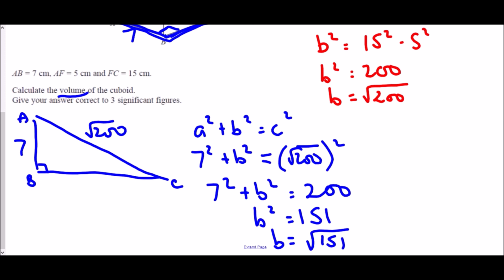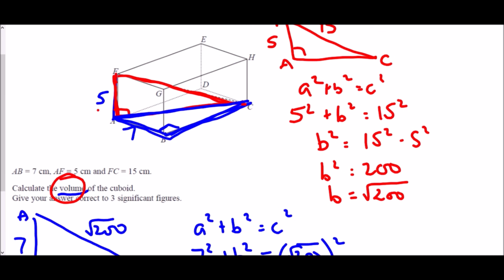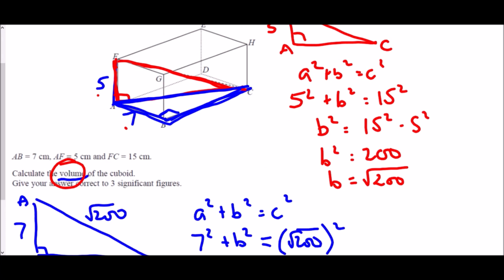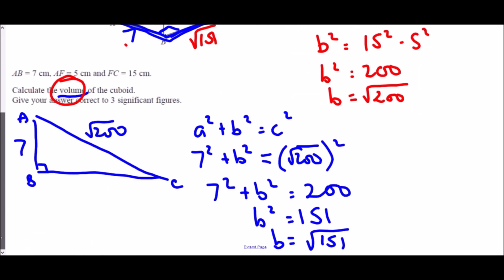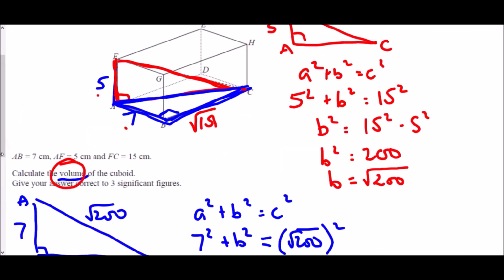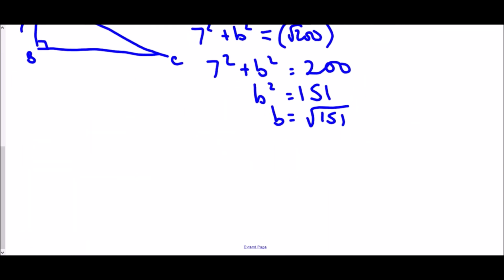And again, I'm going to leave it as that for the time being, because it actually makes it a little bit easier to type it all into my calculator, because we aren't finished. The question asked for the volume of the cuboid, and so the volume is going to come from 5 times 7 times this length, which we've just worked out was root 151. And so to find the volume, I need to multiply those three numbers together. 5 times 7 times root 151.